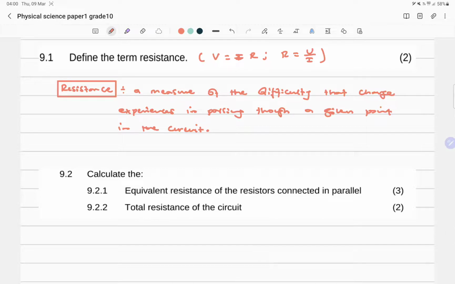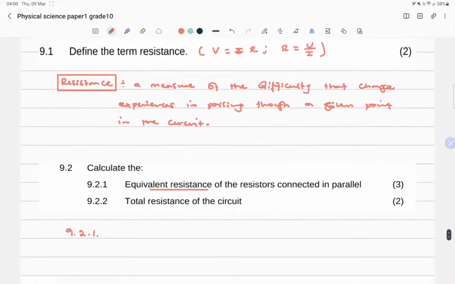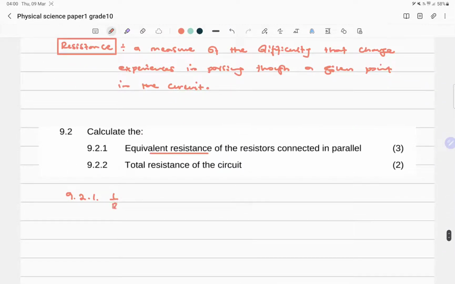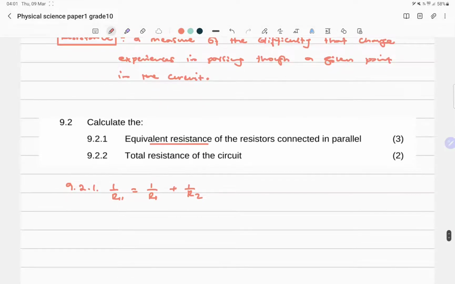Anyway, calculate the equivalent resistance of the resistors connected in parallel. 9.2.1. You know that 1 over R parallel is 1 over R1 plus 1 over R2, but we can see here we've got only these two.